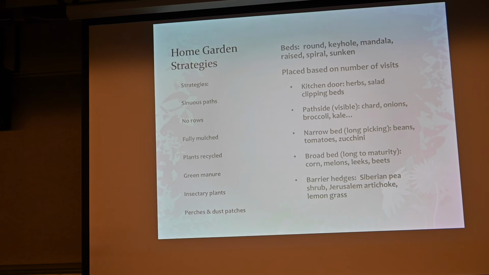And there's a really good example coming up, a diagram that you might be able to see easier. But strategies: sinuous plants, no rows, fully mulched, recycle your plants, green manure, cover crop, and perches, dust patches to attract birds.